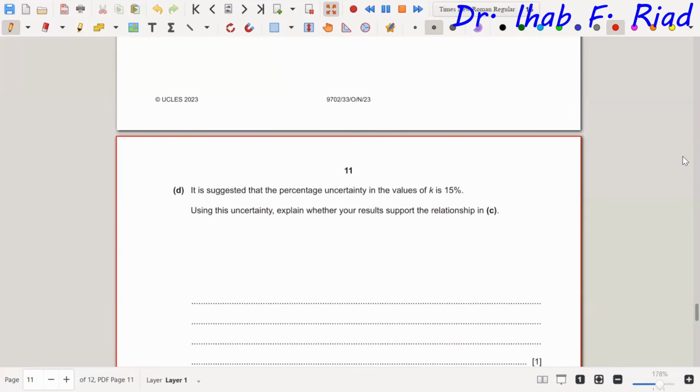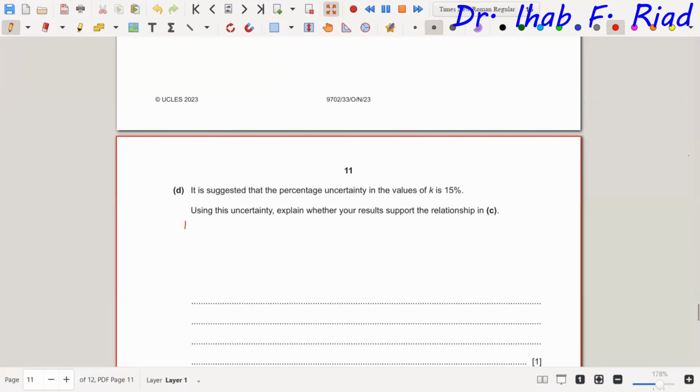What do you think? I will find the percentage uncertainty of K first. Yes, you are going to find the percentage uncertainty.